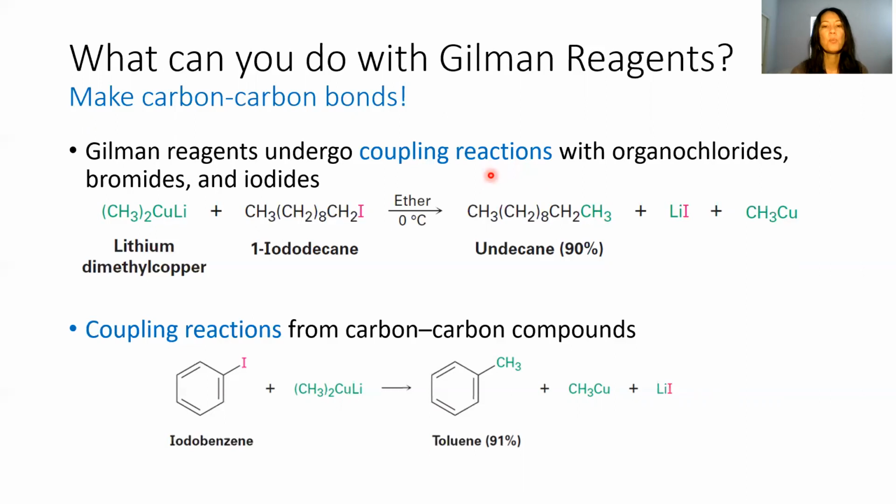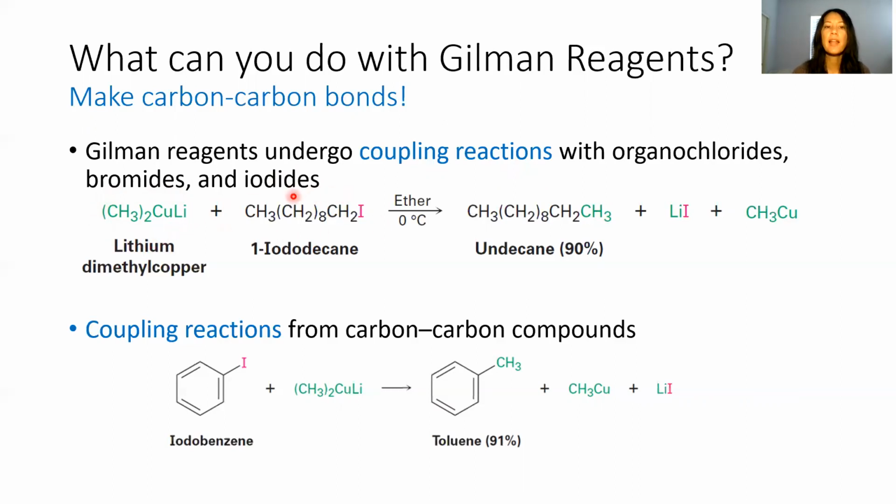Okay, let me just show you what we can do. We basically used a Gilman reagent to couple some alkyl group with another alkyl group. So we use this copper reagent, or Gilman reagent. Again, it shows that it has two methyls, but we're effectively just going to deliver one of those methyls, and that methyl is a nucleophile. So just look at this and think, oh, CH3-.